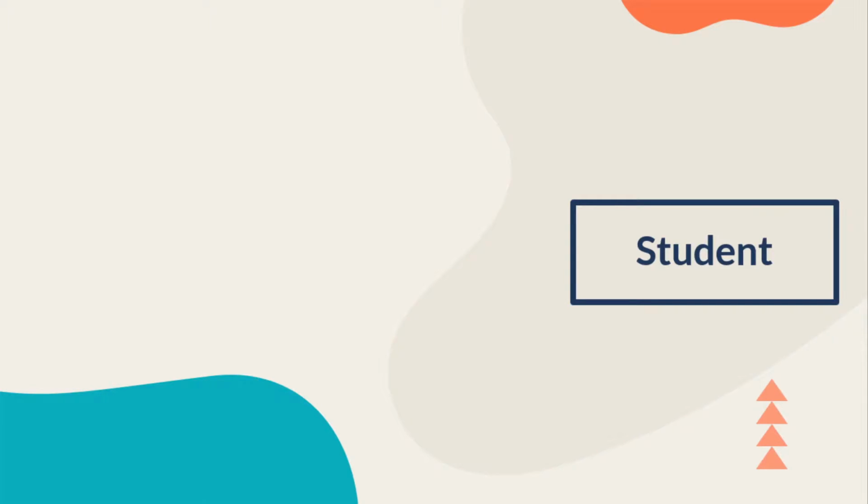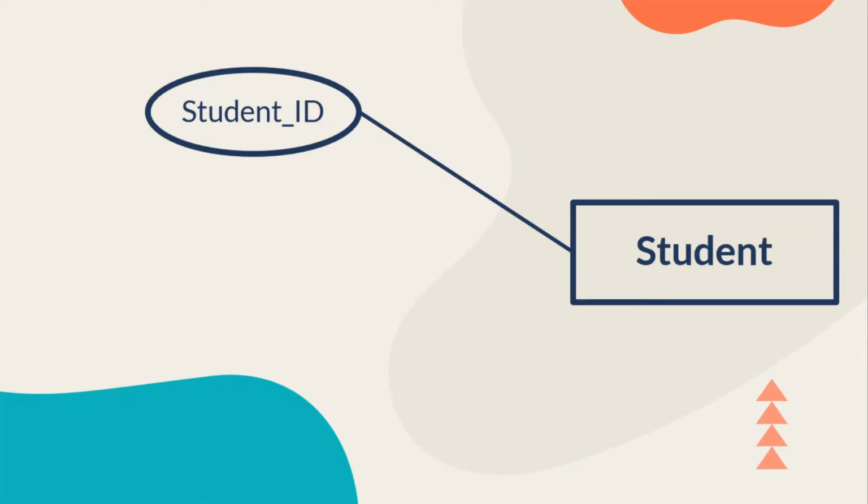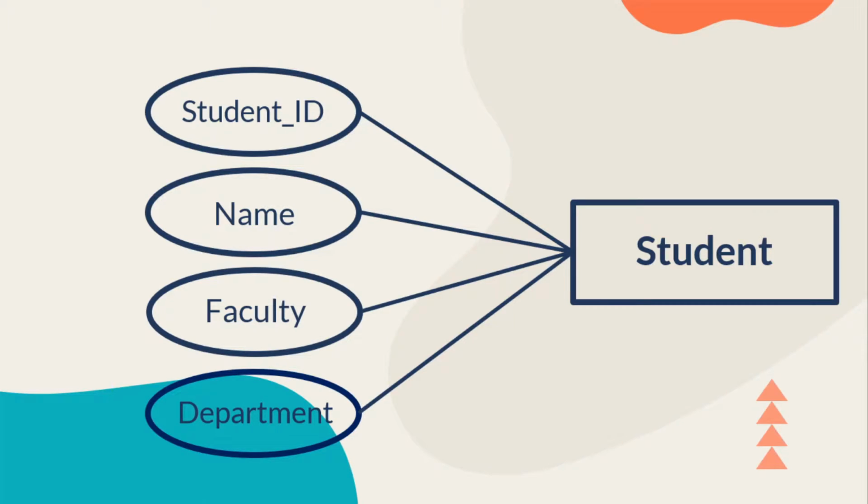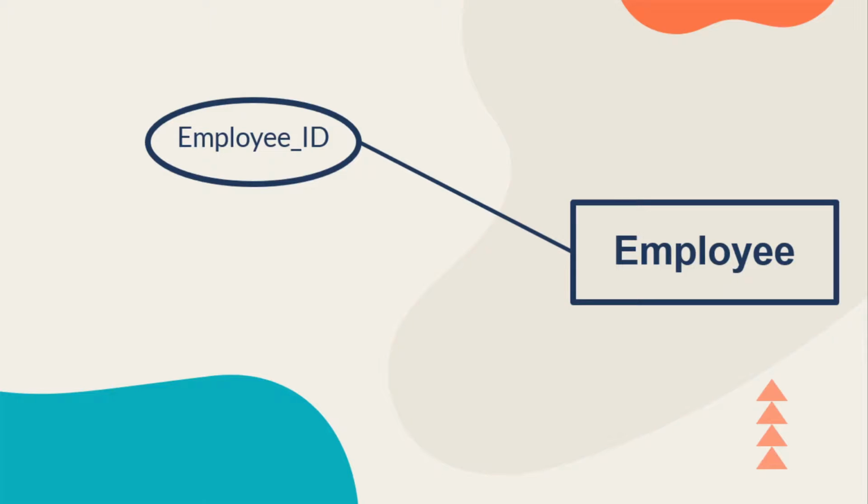For example, we have a student entity. This entity has attributes such as student ID, name, faculty, and department. Another example is an employee entity that has attributes such as employee ID, name, and department.